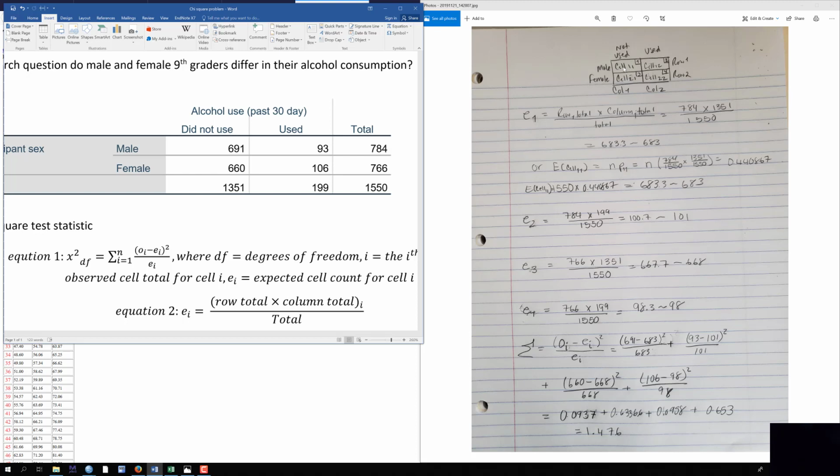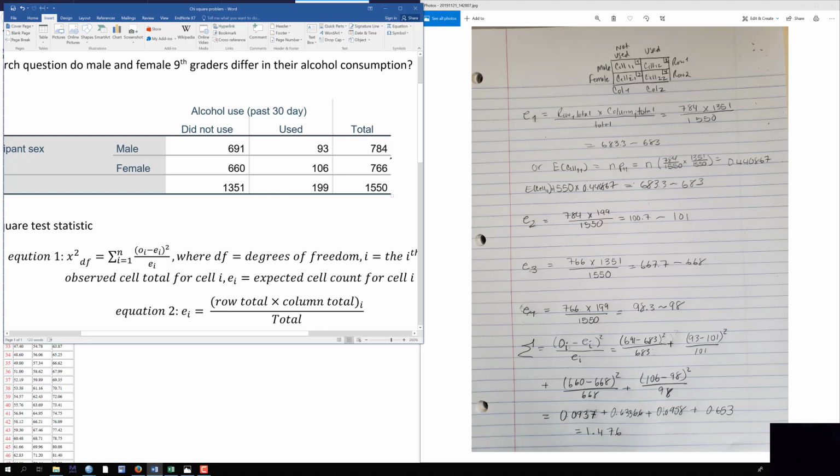As I said, we used a multiplication rule here, so it's the probability of being a male and the probability of not using alcohol. The probability of being a male is 784 out of 1550, because there's 784 males out of 1550 total.